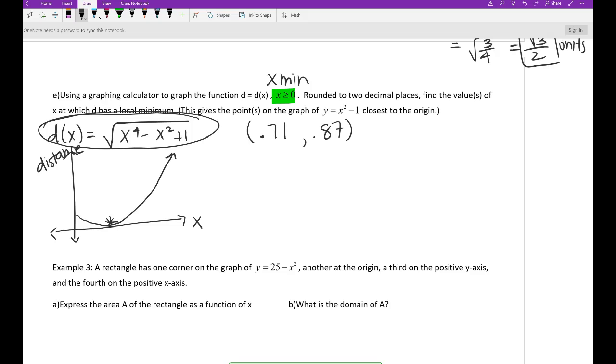I don't know if you guys got that. Do we all have that? No. Okay. Let's check. How did you apply it? Square root of x to the 4 minus 1. Second trace. I'm gonna move it one more.